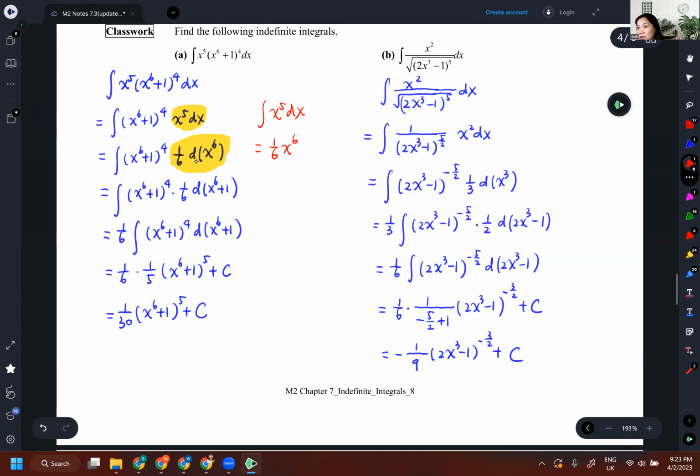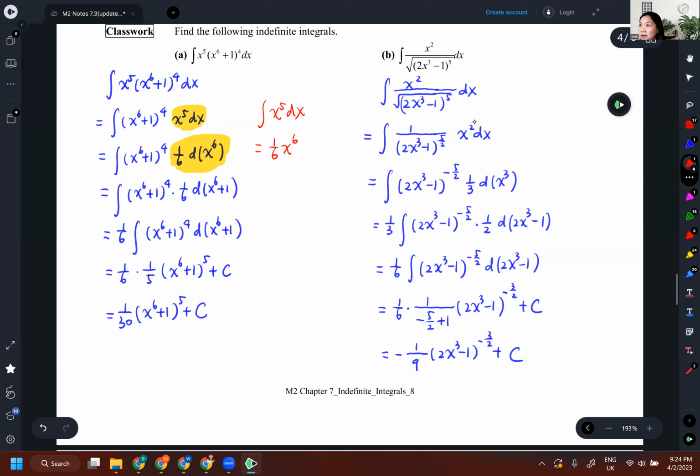I just add 1 and then you have this variable because you want x to the power 6 plus 1. And then this is the answer. Now all of you got the correct answer. Now Iris, you must learn this as well. Screenshot, and learn this.